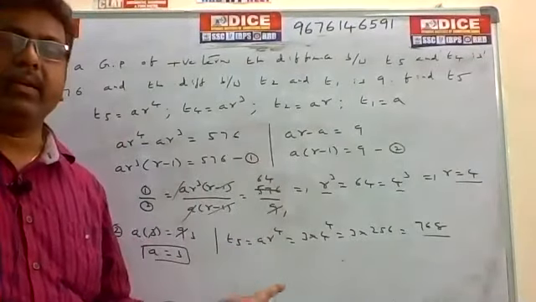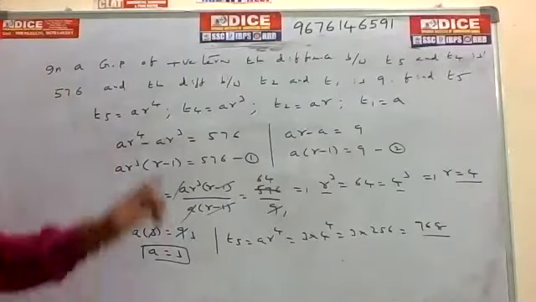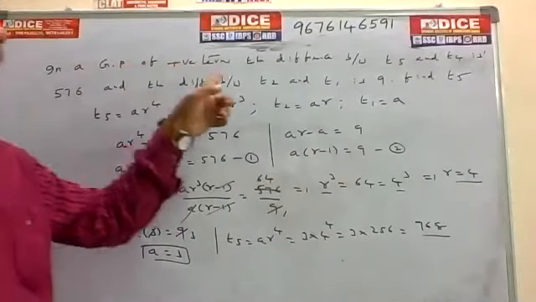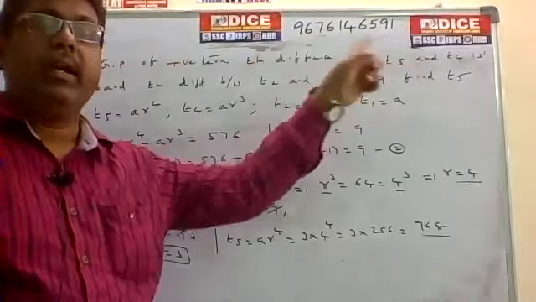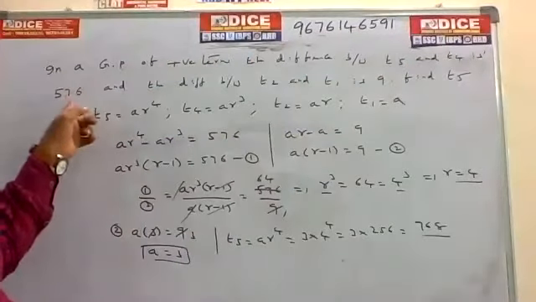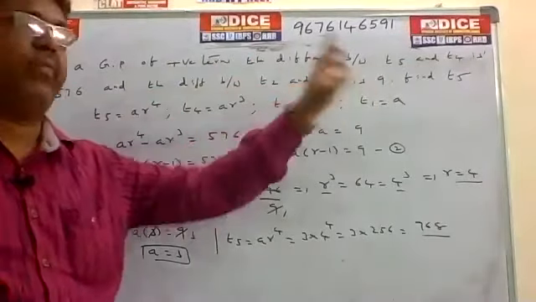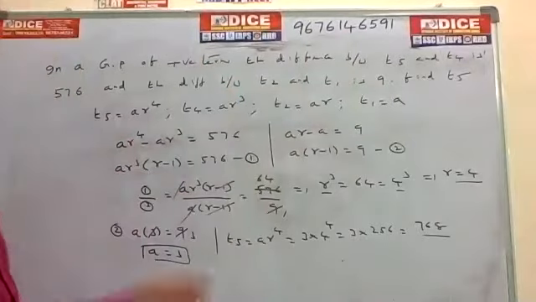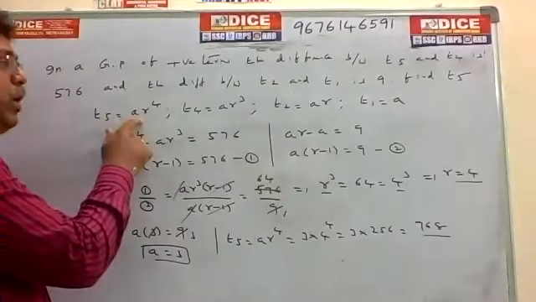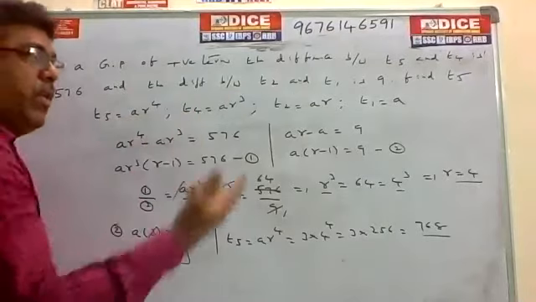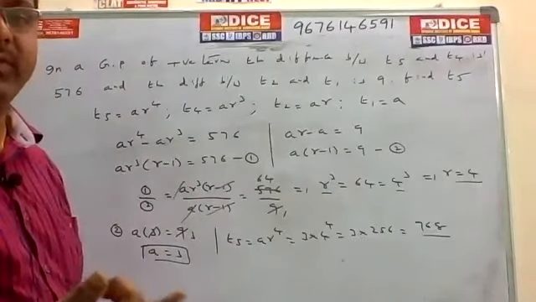I will tell once again. Please see here. In a GP of positive terms, the difference between T5 and T4 is 576, and the difference between T2 and T1 is 9. Find T5. T5 formula is A into R to the power of 4. The general formula Tn is A into R to the power of n minus 1.